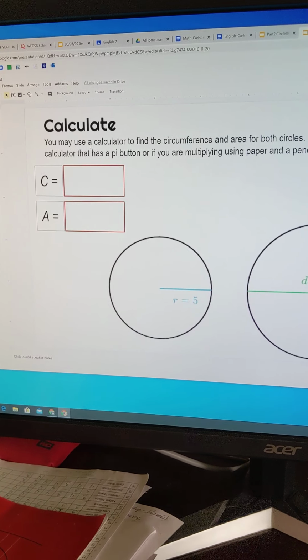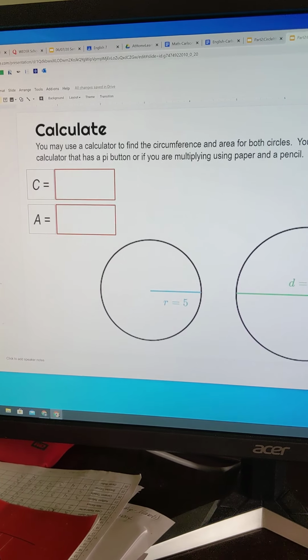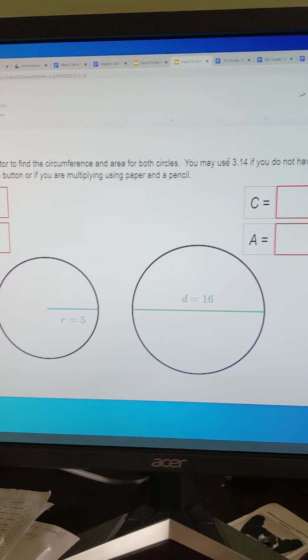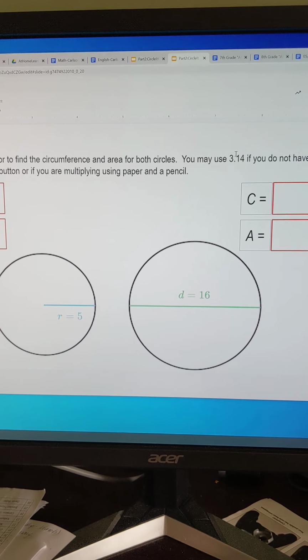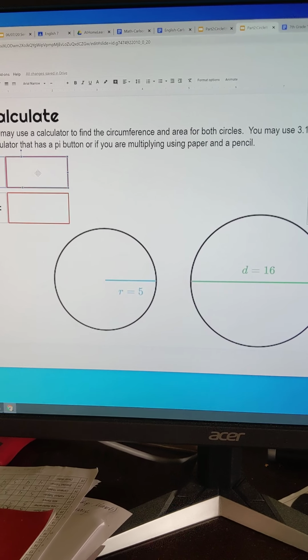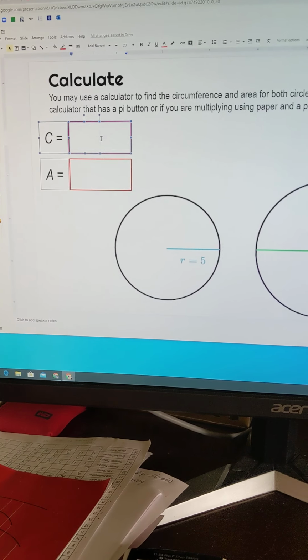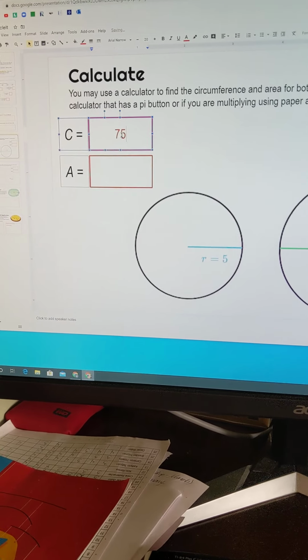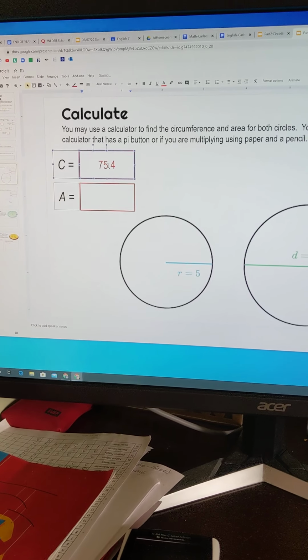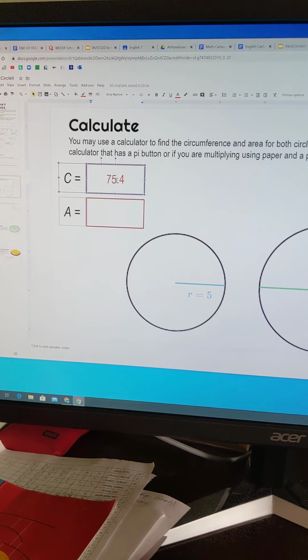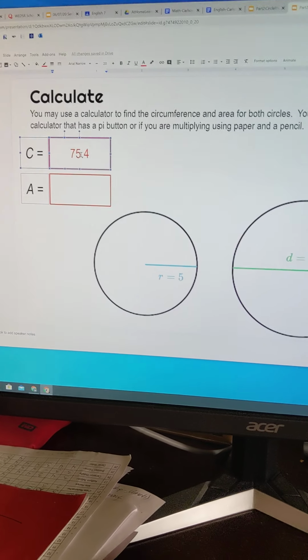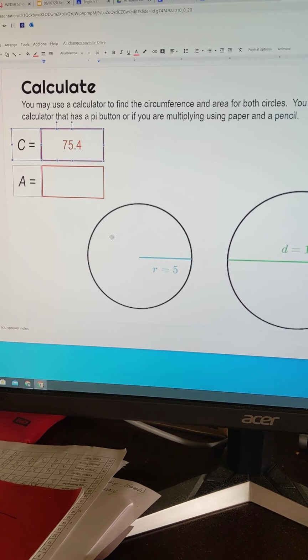You are allowed to use a calculator. You can use pi, the button, or you can use 3.14. Totally up to you. And you'll type your answers in here. So let's pretend you say that it's 65.4. Oh, I should tell you how far to round your answer. I'll do that. For this one, you'll notice that it just says r equals 5.